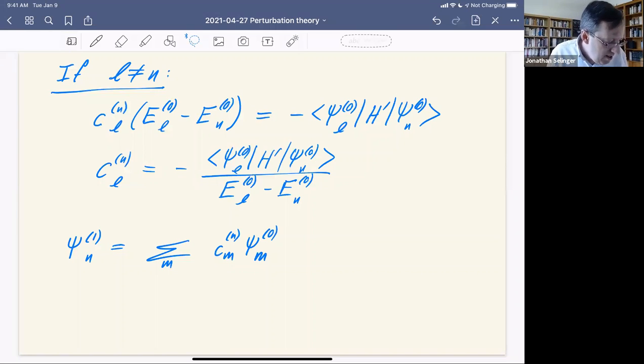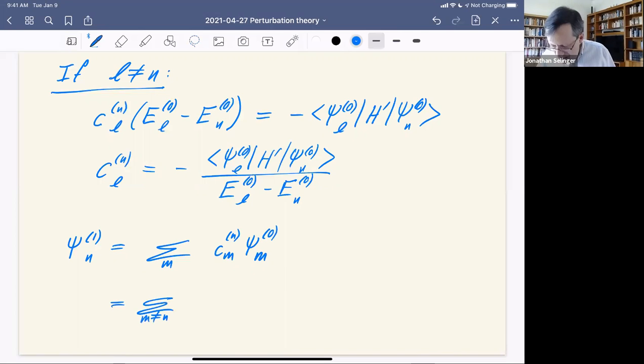We have now a sum of all the terms that are not N, and the coefficient that goes here is this thing that we just derived.